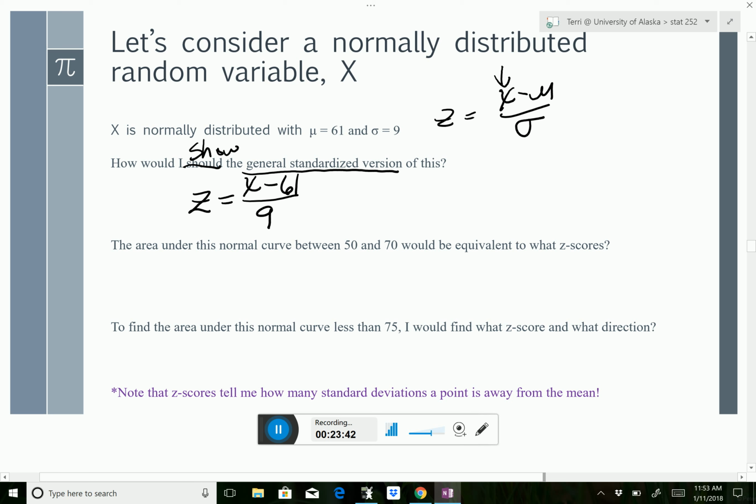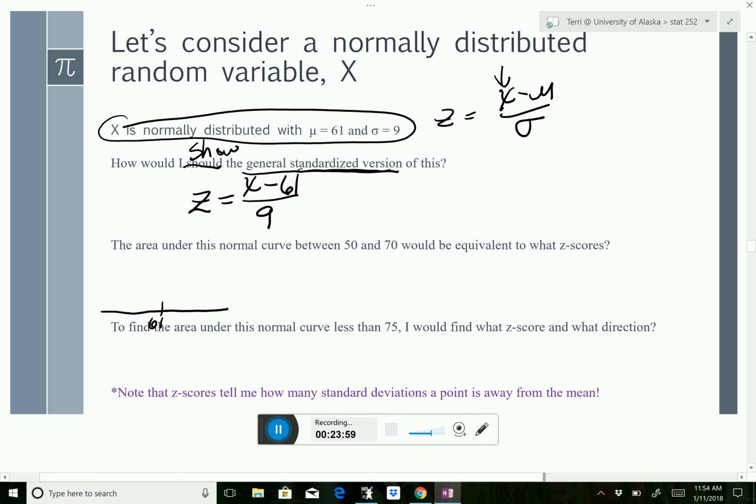So if I'm given any point on this normal distribution, I can find the standardized version simply by subtracting 61 and dividing by 9. Now the area under this normal curve between 50 and 70, so let's make this normal curve real quick. Here's 61, and the standard deviation is 9, so let's go 70, 79, and 88.